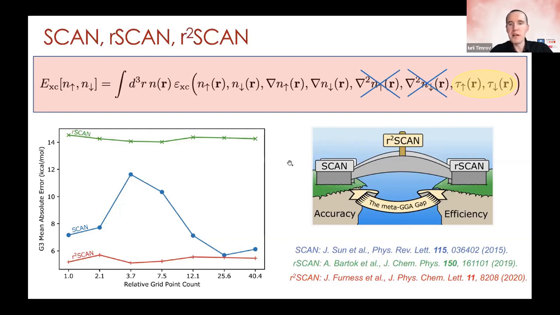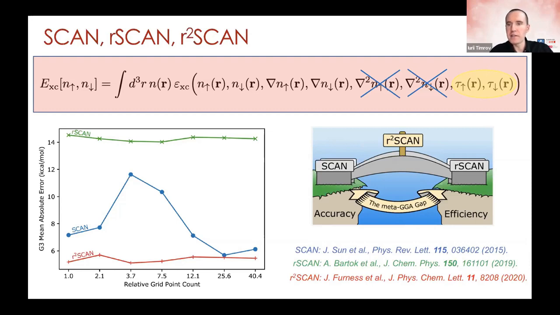But then it was realized quite quickly that the SCAN functional is quite difficult to use in practice because of numerical and convergence issues. So later on, a new version of SCAN was introduced, called rSCAN, regularized SCAN. It solved the numerical convergence issues. It's more robust numerically, easier to use.